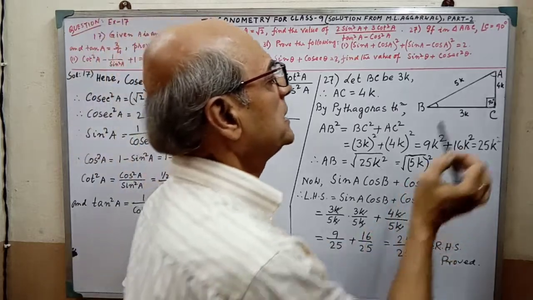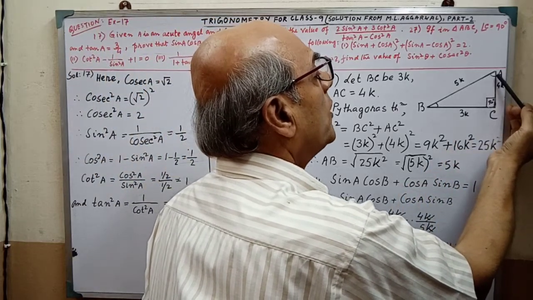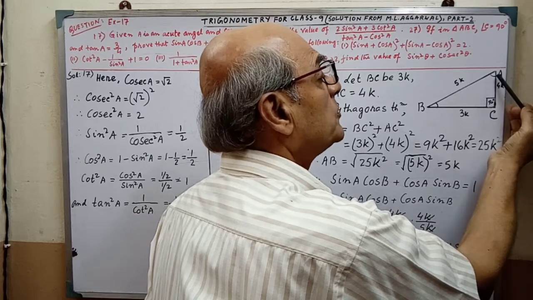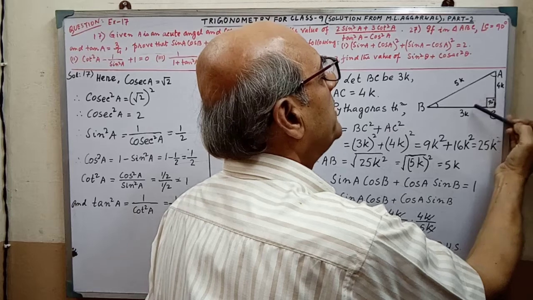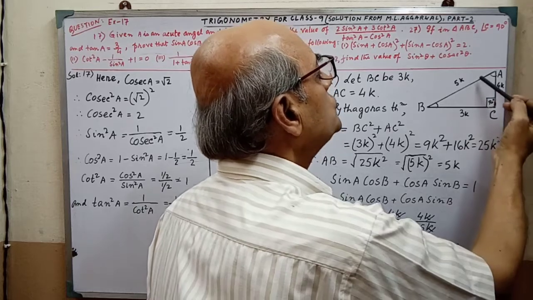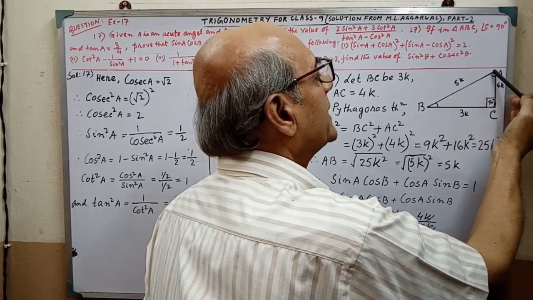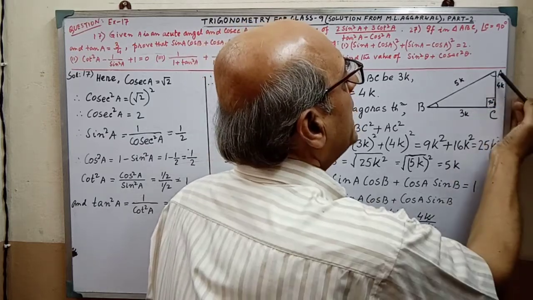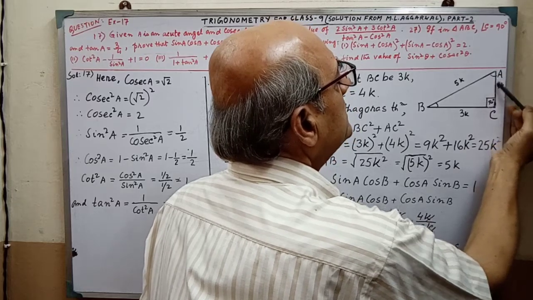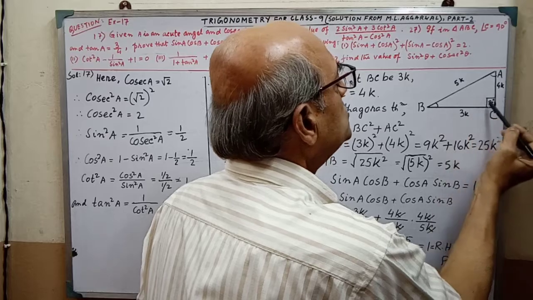Here one thing is vital: you have to notice at which point the angle is forming, because the perpendicular and base will depend on that. The hypotenuse will be unchanged, but according to the angle, the base and perpendicular will change. If the angle is at A, then this will be the base, and if the angle is at B, then BC will be the base.